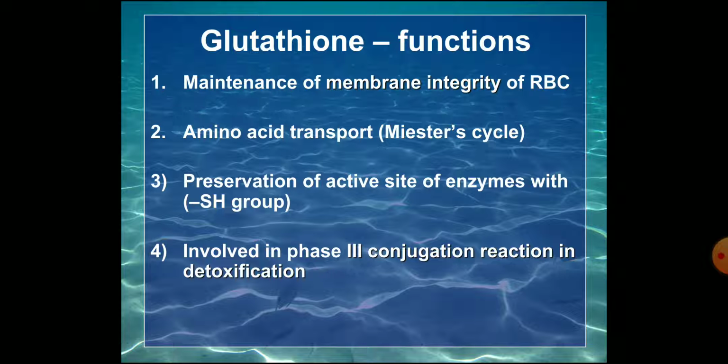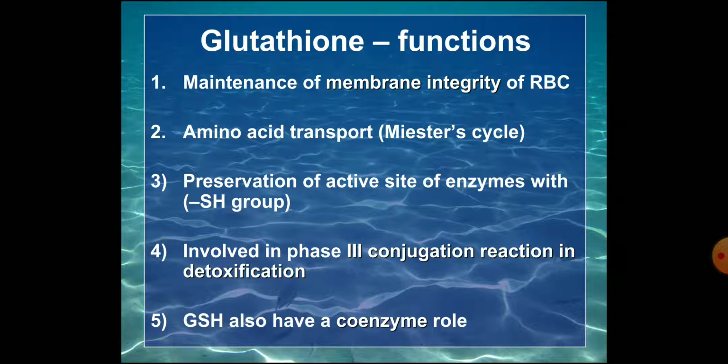There are three methods for detoxification: phase 1, phase 2 and phase 3. The phase 3 detoxification is with the help of glutathione. So glutathione is involved in the phase 3 conjugation reaction in the detoxification of various substances.